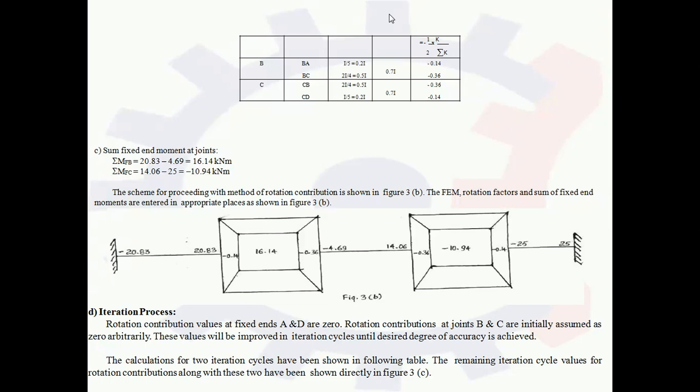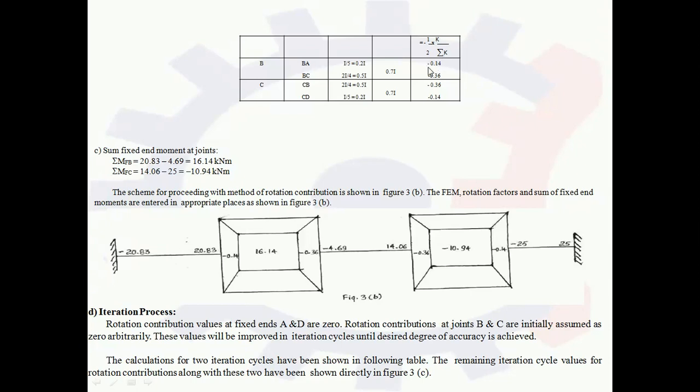Now the sum of these two values is 0.7I, the total relative stiffness at the joint. To calculate the rotation factor, we calculate it as minus 1 by 2 into the relative stiffness of the member divided by the relative stiffness of the total joint.